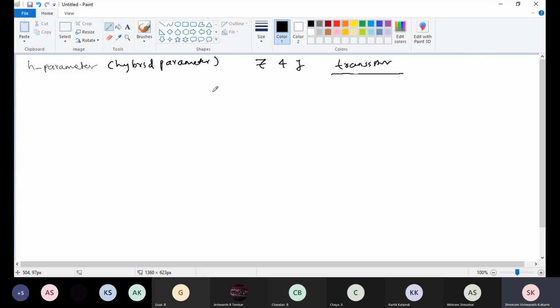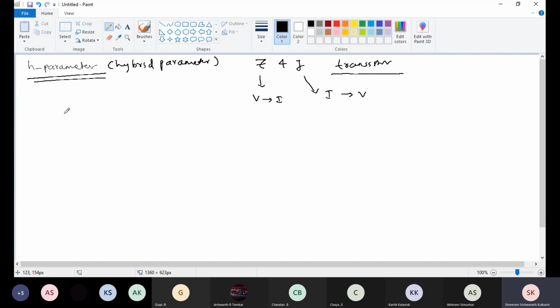So we need to use these H parameters, where in Y parameters we used I in terms of V, and in Z parameters we used V in terms of I. In H parameters the same thing we are going to carry out, but the notation will be different.